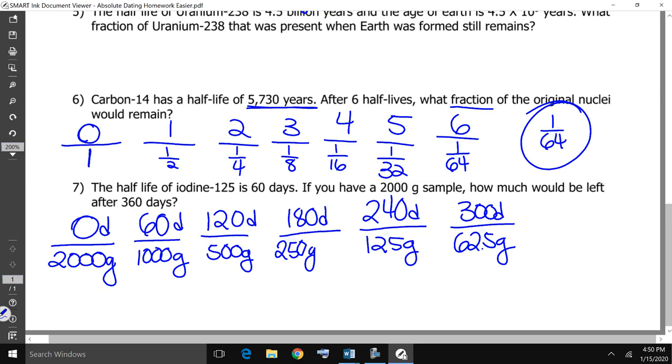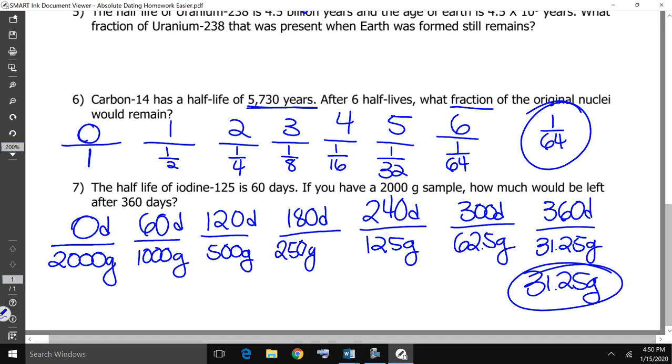And last, we have 300 days plus 60 days is 360 days. That's what they were looking for. And we are left with 31.25 grams. Okay, so our answer was 31.25 grams is left after 360 days.